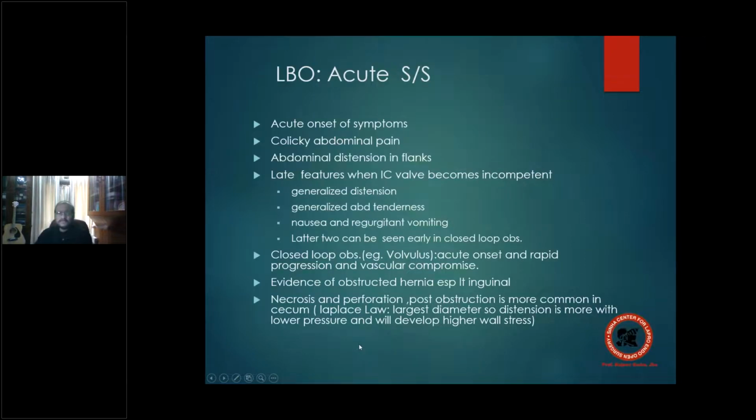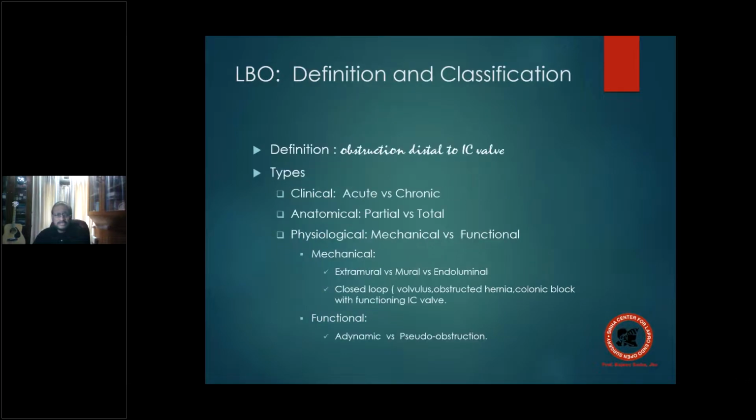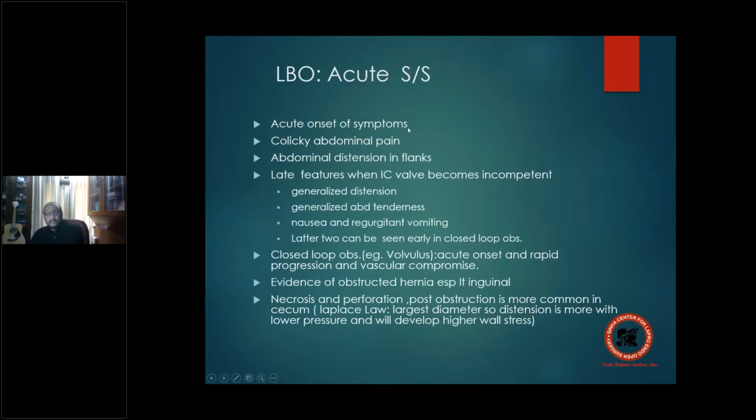Now, coming to large bowel obstruction, the patient can present with acute obstruction or with chronic obstruction. Acute, chronic. Remember when we were talking about the classification, acute versus chronic. So now coming to the acute type. When we talk about acute obstruction, signs and symptoms obviously have to be of acute onset, right? And what are the symptoms which will acutely present?